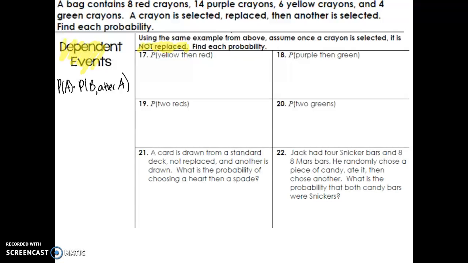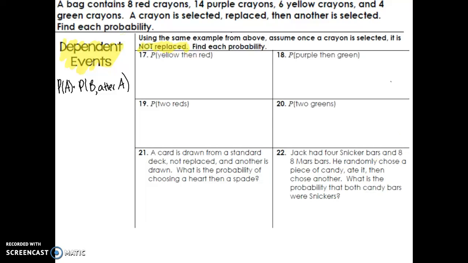That's going to be one of the keywords for dependent events. So what they're saying is we have this bag. We take a red crayon or a purple crayon, whatever crayon that we want, and we will keep it. We will not return it to the bag. And because we're not keeping that same number of crayons in the bag, the probability for the second event, for P of B, that's going to change.